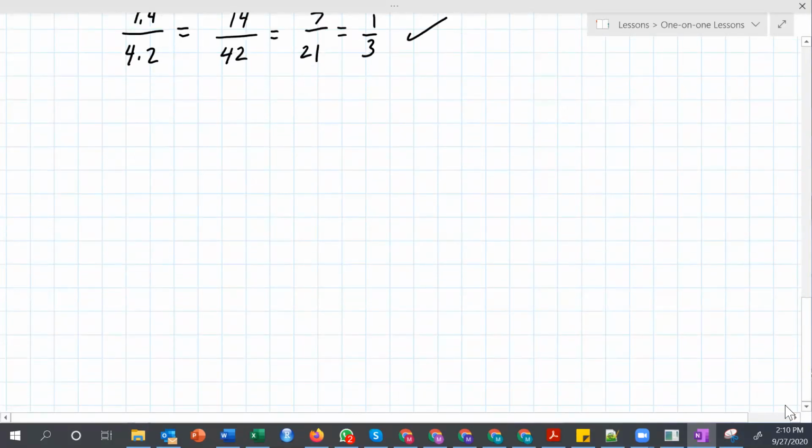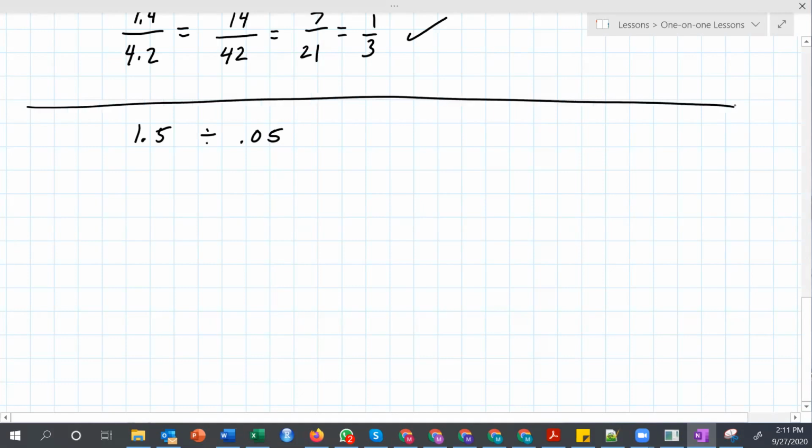Okay, so we're gonna try a situation where you have something different. This is 1.5 divided by 0.05. When I write this as a fraction, 1.5 over 0.05, if I multiply the top and bottom by 10, this becomes 15 over 0.5.